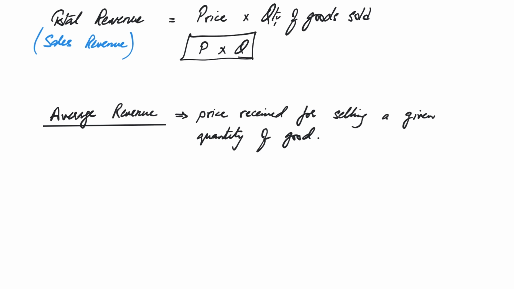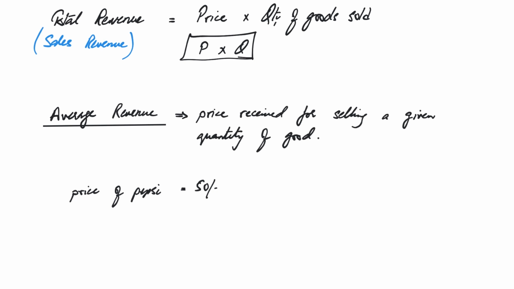Imagine the price of a Pepsi bottle is 50 rupees. When I sell one more bottle, how much money will I get? 50 rupees. If I sell one more after that, how much money will I get on that bottle? No, that's total. 100 will be total.